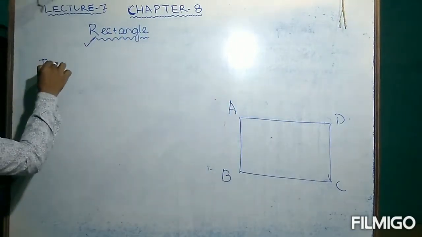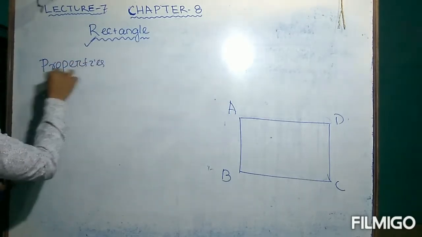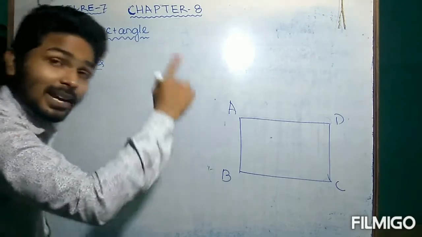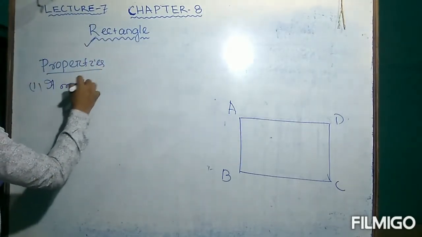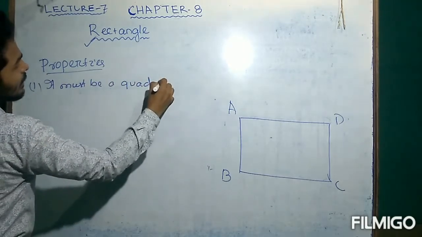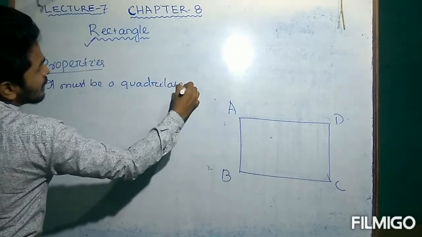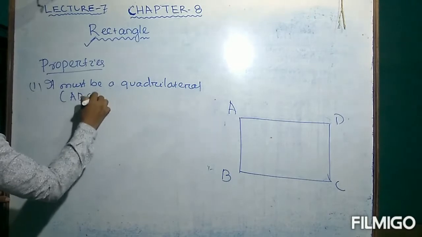So write down the properties of a rectangle. The first property is that it must be a quadrilateral. So here it is the quadrilateral A, B, C, D.